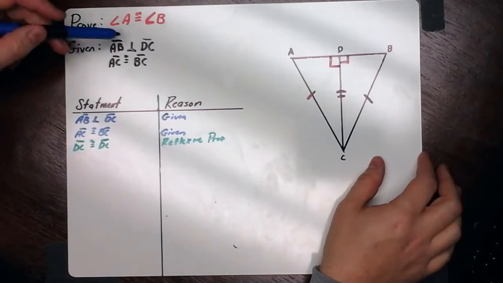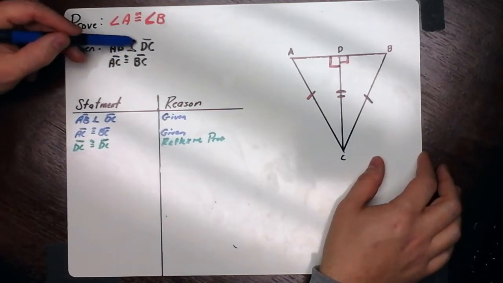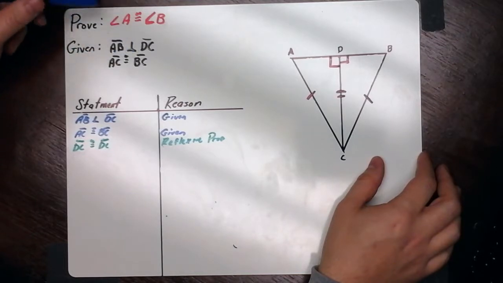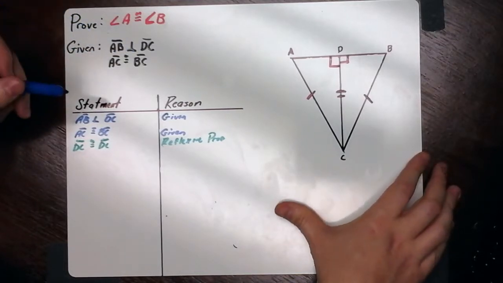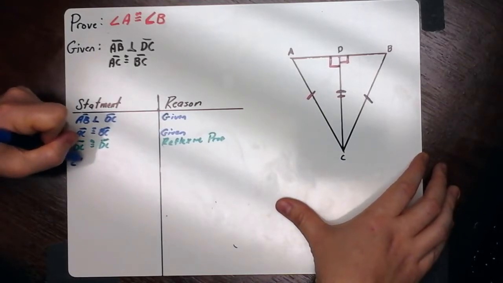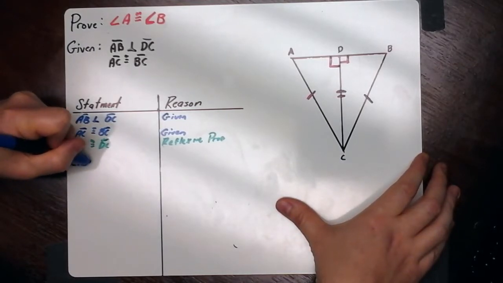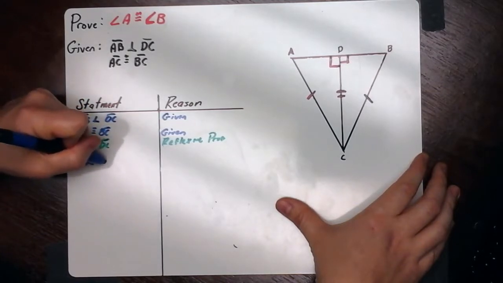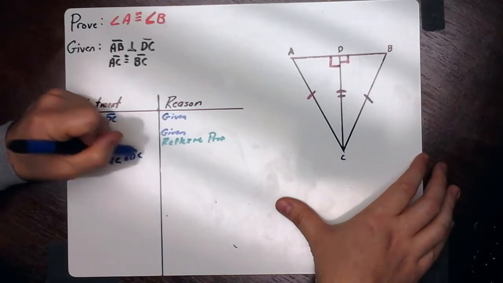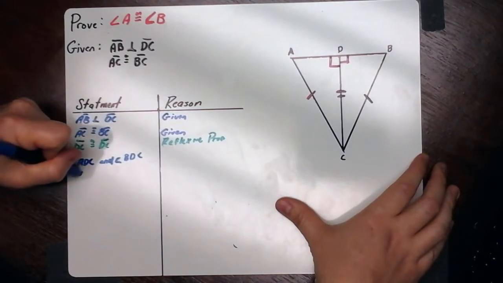So, because I have the lines intersecting perpendicularly, that means they make a 90-degree angle. So first I'm going to state that I have a 90-degree angle. I'm going to say angle ADC and angle BDC are right angles.